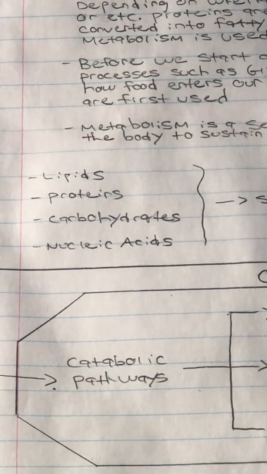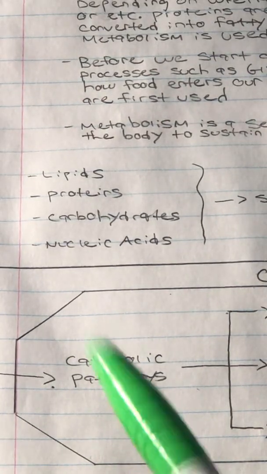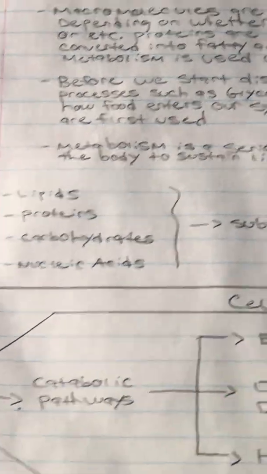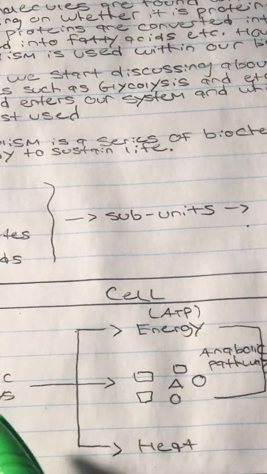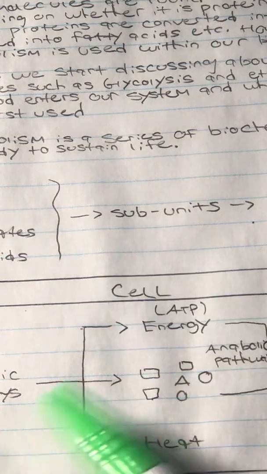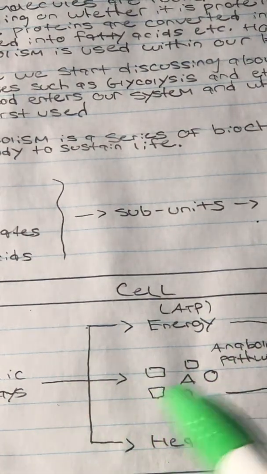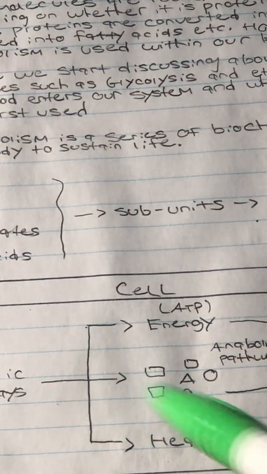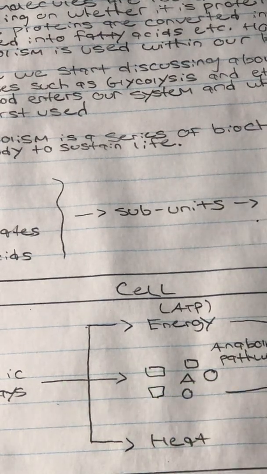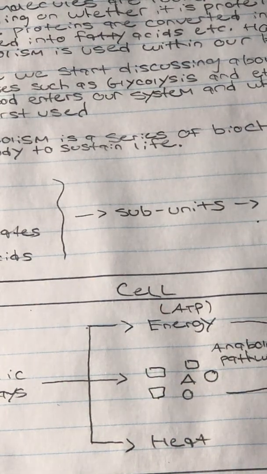They're broken down by hydrolysis in particular. Then, as those complex polymers are broken down, it makes monomers of those complex polymers slash macromolecules, such as lipids and all that.